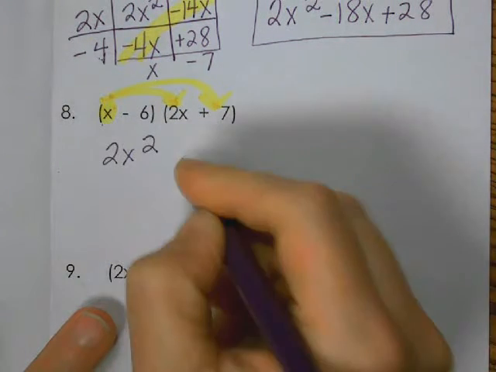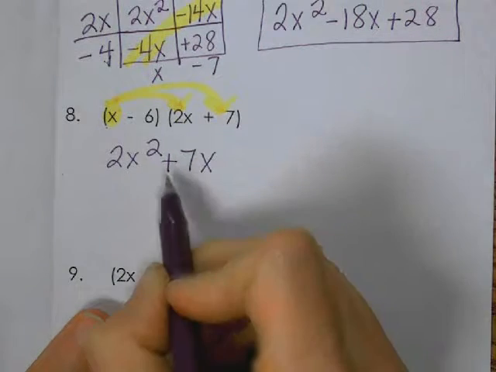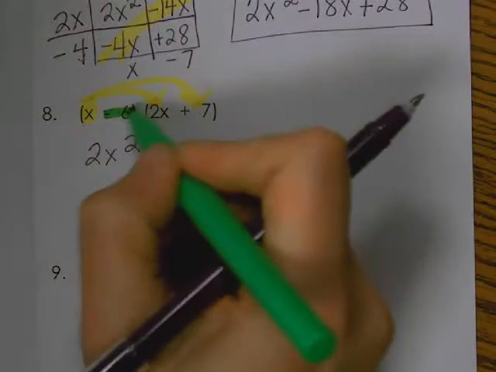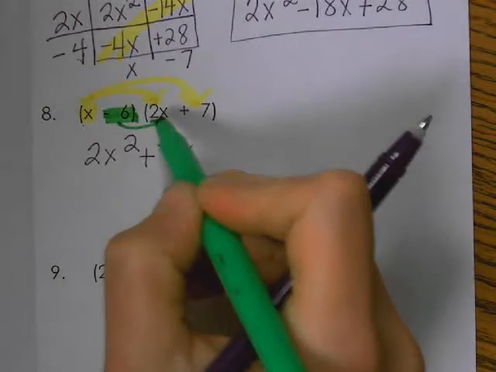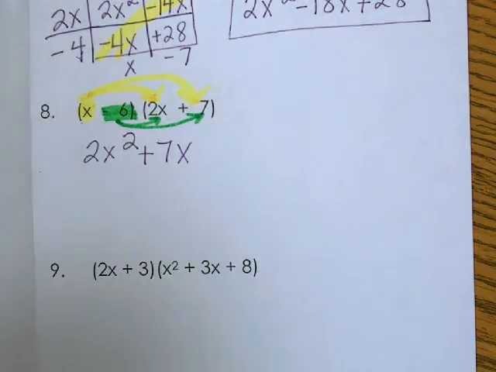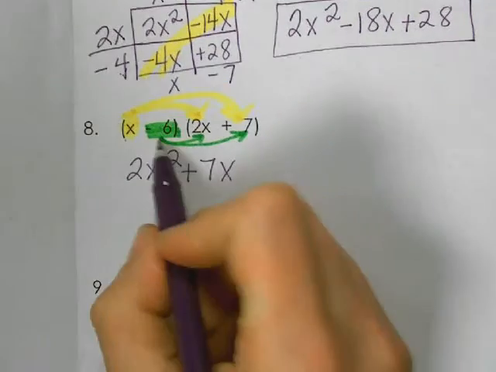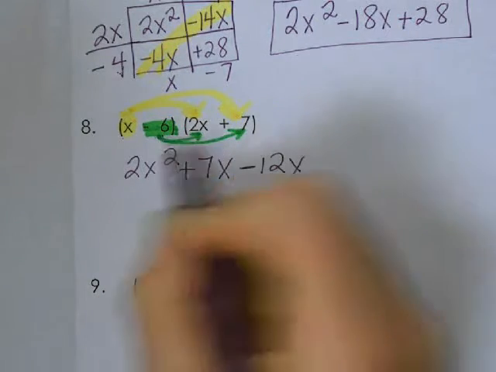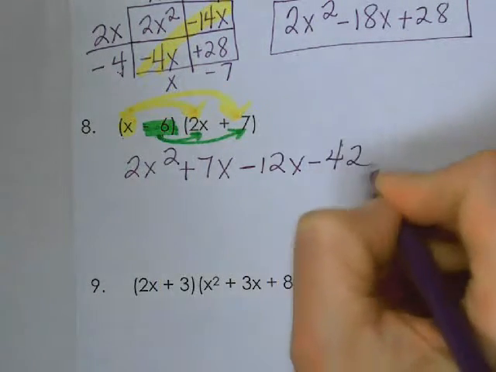X times 7 is going to be 7x, and it's positive, so I put a plus sign. Now I'm going to multiply negative 6 times 2x and negative 6 times 7. Negative 6 times 2x is negative 12x. Negative 6 times 7 is negative 42.